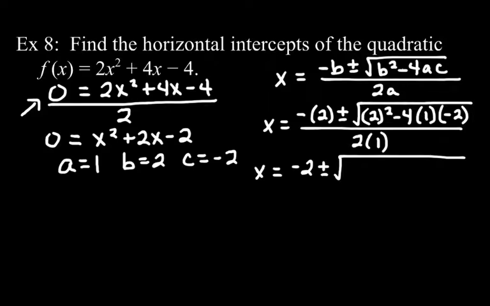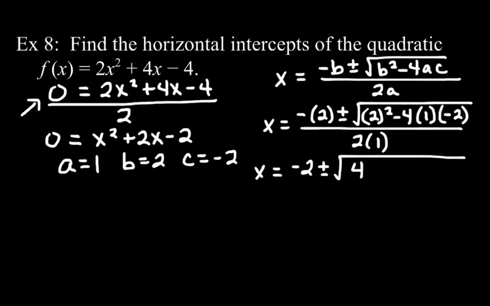We know that 2 squared is 4. And again, very important to put parentheses around that, because if you don't put parentheses around the b, and the b value happens to be negative, your calculator will lie to you, and it'll tell you that whatever that number is, it's a negative. So you want to make sure you put parentheses around that, because when we square that number, it's always going to end up being positive. So in this case, 2 squared is 4.